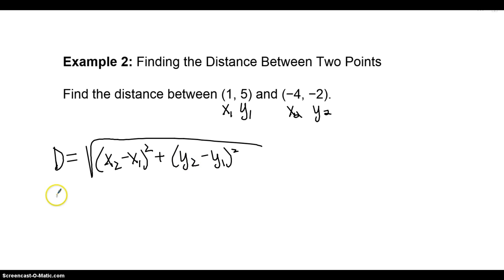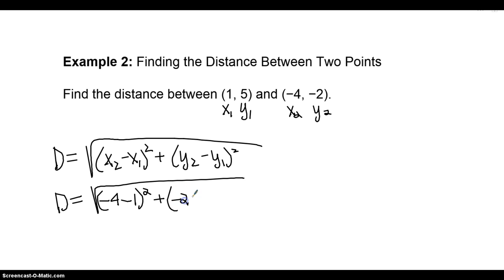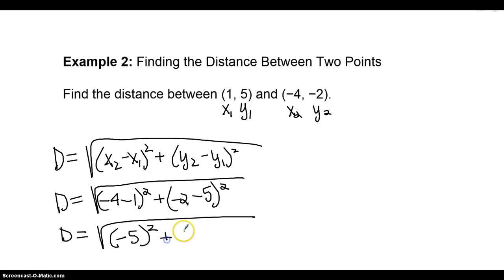So when I plug in the numbers, it is the square root of x2, which is negative 4, so negative 4 minus x1, which is 1, squared, plus y2, which is negative 2, minus y1, which is 5, and you have to square that as well. You'll notice that I like to write it out each step so I don't get anything confused. So this is negative 5 squared plus negative 7 squared.